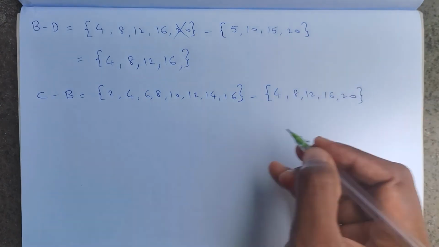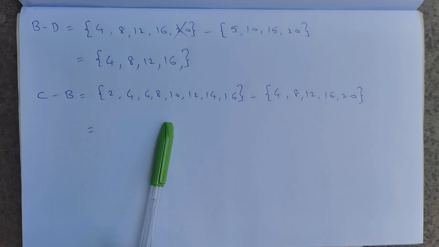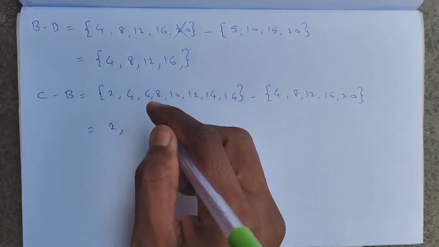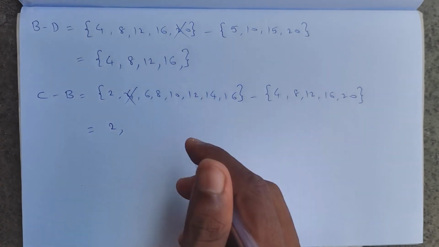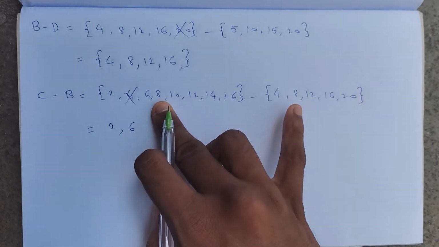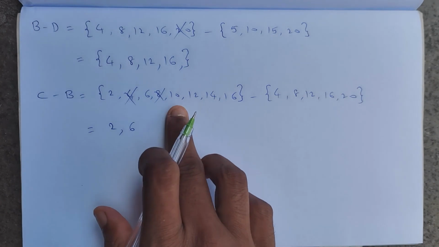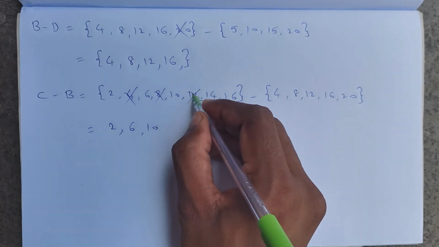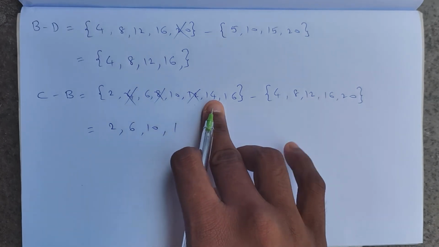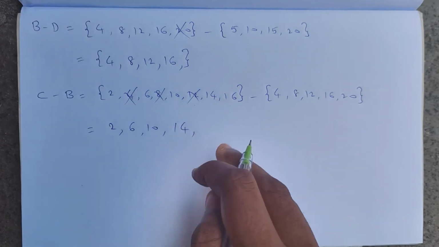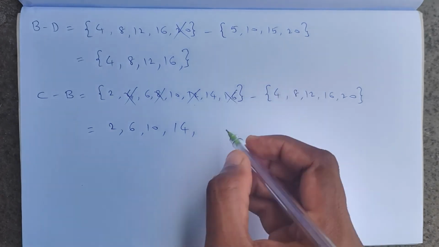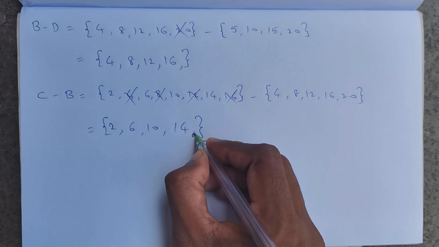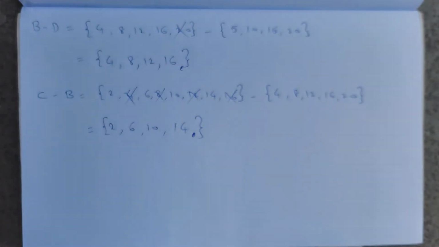Now if we find this C minus B, 2 is there, here 2 is not there, so write. 4 is there, 4 is there, so remove 4. 6 is there, 6 is not there, so write 6. 8 is there, 8 is there, so remove 8. 10 is there, 10 is not there, so write 10. 12 is there, 12 is there, so remove 12. 14 is there, 14 is not there, so write 14. 16 is there, 16 is there, so remove 16. So C minus B has 2, 6, 10, 14.